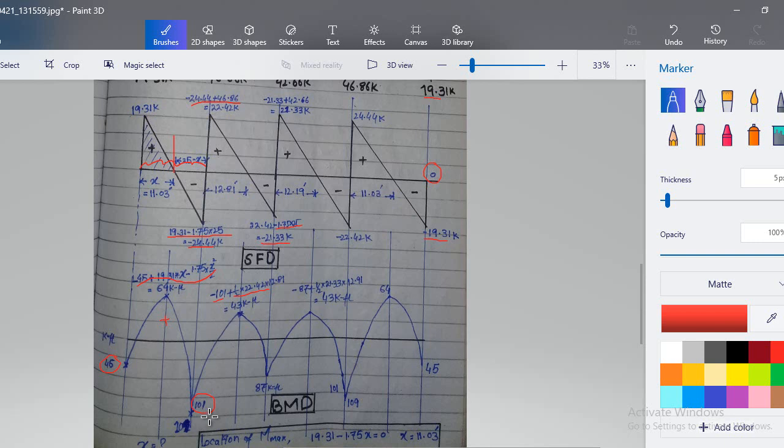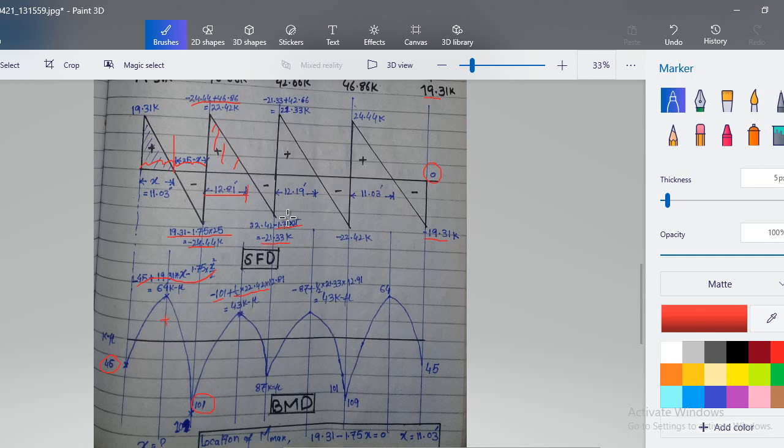Similarly, here they are just simply adding this positive area, half times 22.42 times 10.8, 12.81. Now again they calculate this x. You have to calculate this distance, and then you add up this shear area, you get this 43.